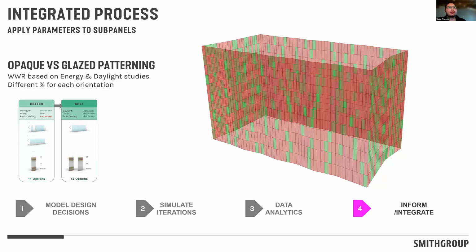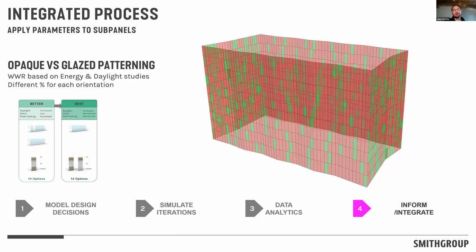So we started playing with the opaque versus glazed patterning on these facades, and I'm doing this all in Grasshopper. So I'm basically translating each one of these options as an option to be applied to every single piece or every single chunk of facade that's on this project. And each facade has a different shading technique. So all that's done in Grasshopper.